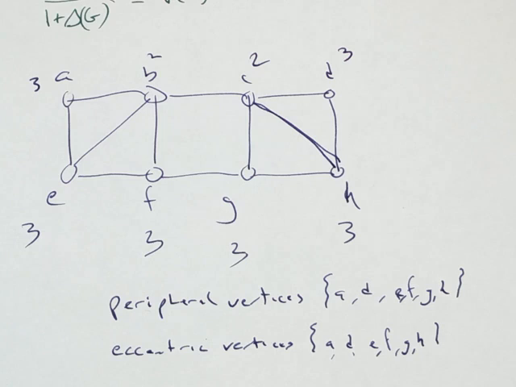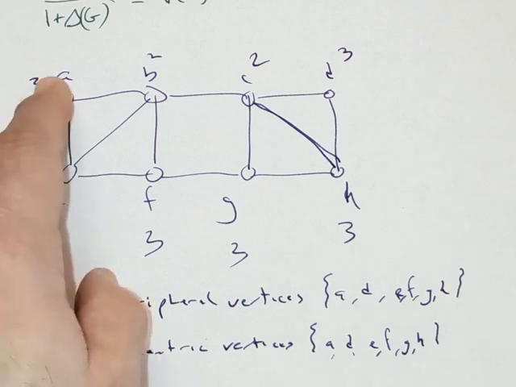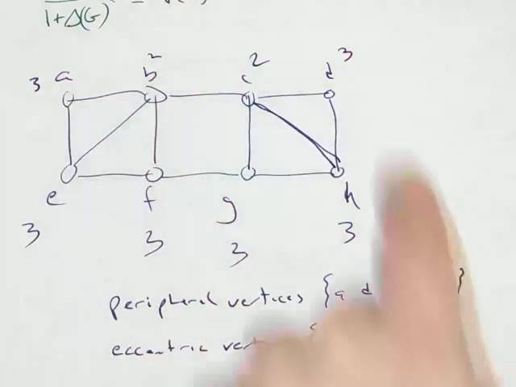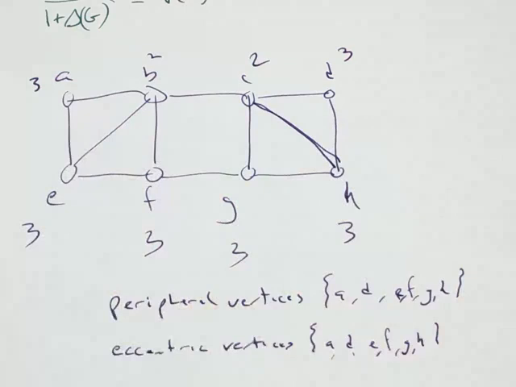A vertex is a boundary vertex of something else. So A is a boundary vertex of another vertex if the distance from that other vertex to A is bigger than or equal to the distance to all of the neighbors of A.